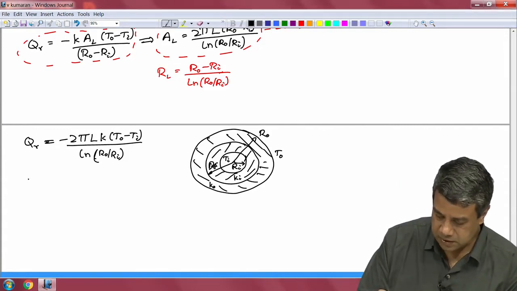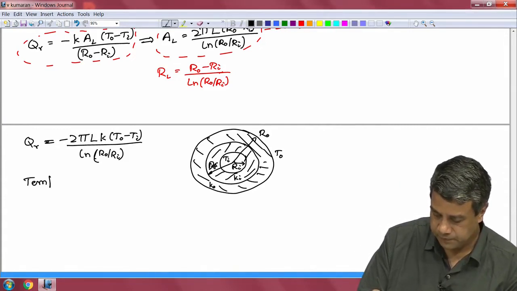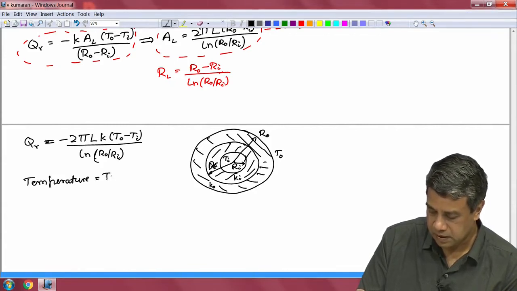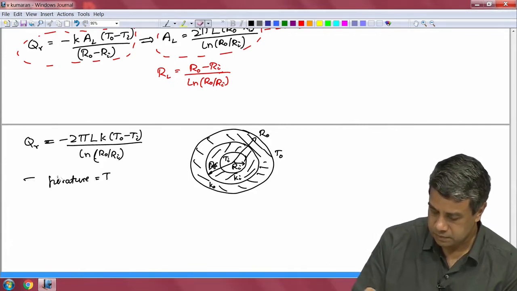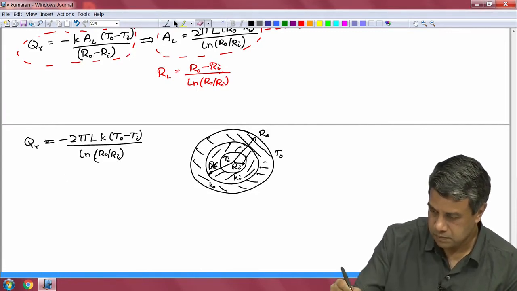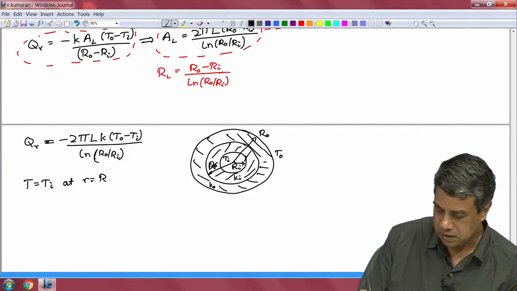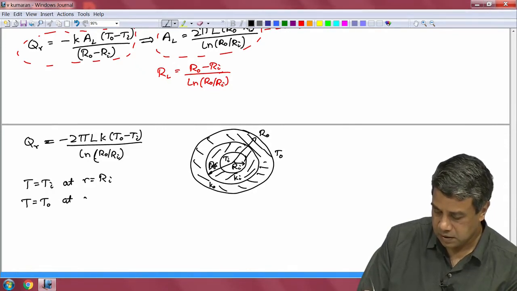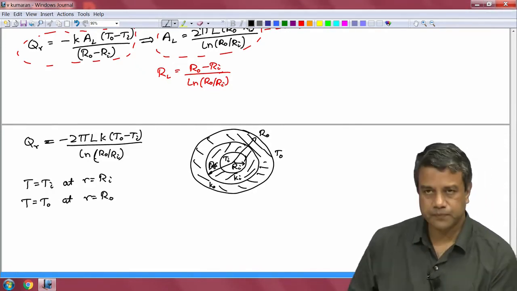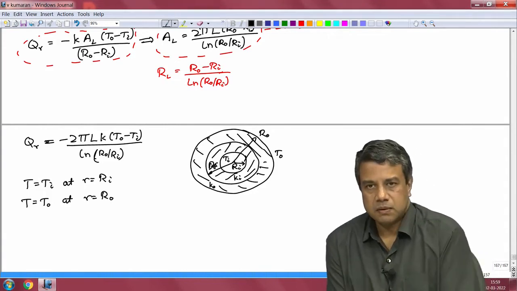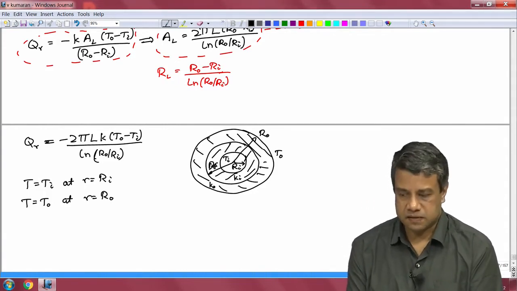If we assume temperature T is equal to Ti at r equal to Ri and T is equal to To at r equal to Ro. Now, how do we find the total heat transfer rate?